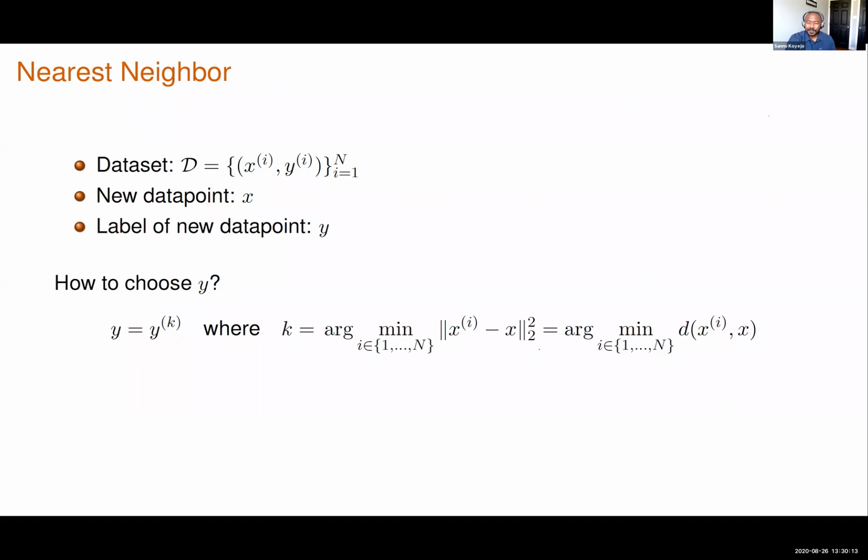At least for the beginning of the class, we'll do what is known as hard classification, which is predicting an actual label. I'll defer this to discussion offline, so we can ping if you're interested in how to approximate a probability score as opposed to just predicting a specific label. In most settings, we try to make actual predictions, and we'll mostly use that point of view for the class.